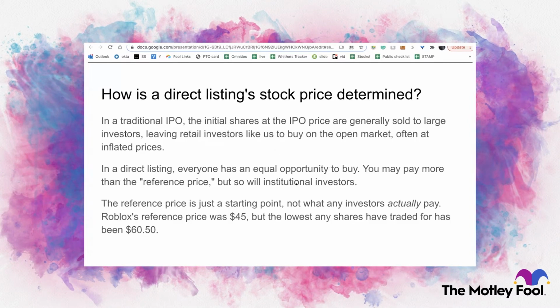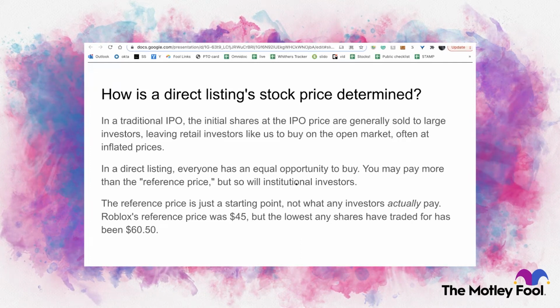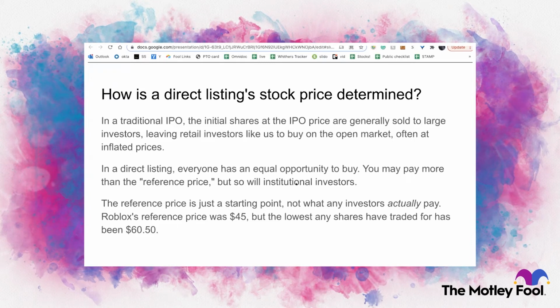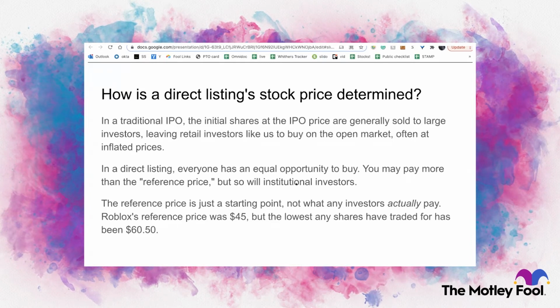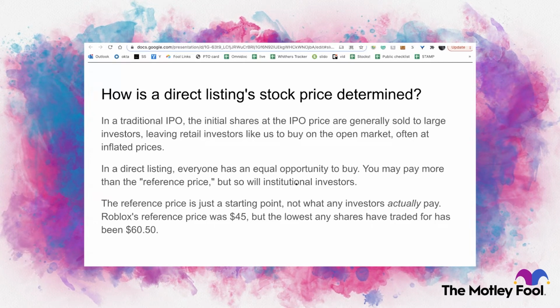So next slide, please. So how is the direct listing stock price determined? We mentioned a thing called a reference price, and it's different than an IPO price. So in an IPO, underwriters determine a price that the company is going to sell its shares to the public for.